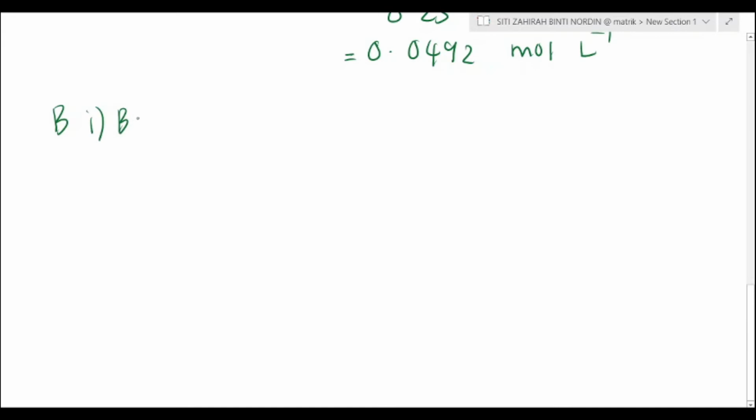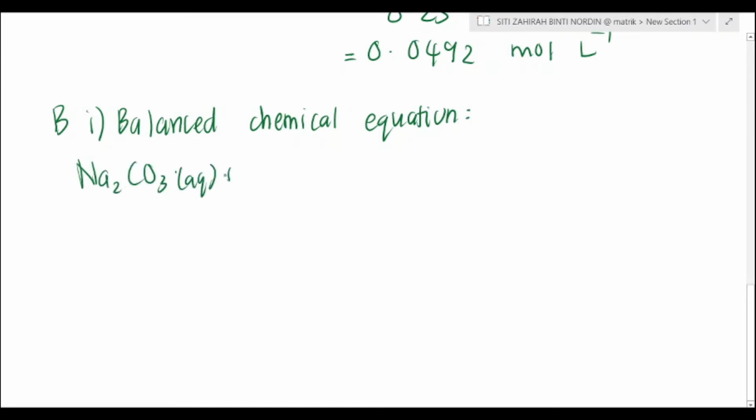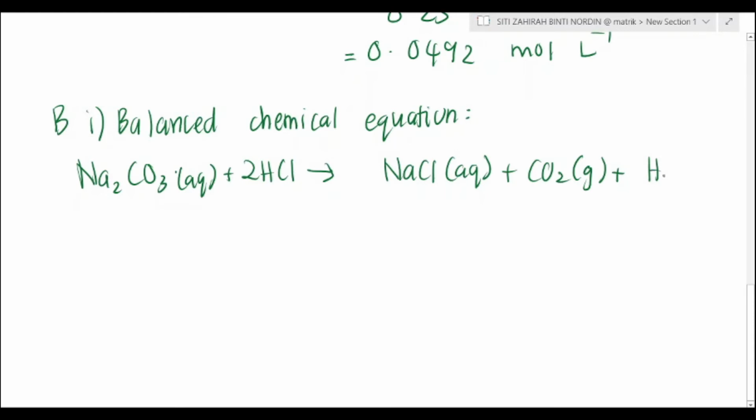Part B. First, you need to write your balanced chemical equation between your acid and base, and you have to figure out the product of that neutralization process. That would be sodium carbonate plus hydrochloric acid to form NaCl plus CO2 plus H2O.